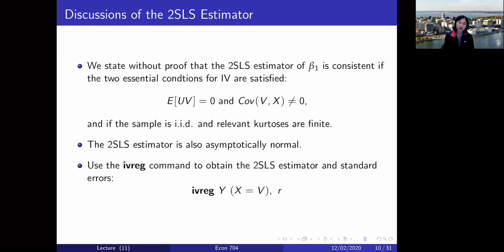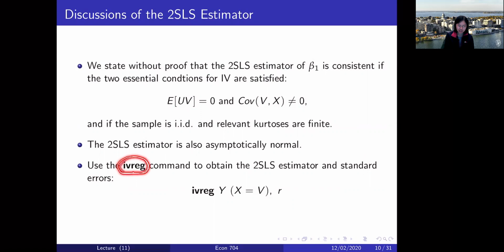If you are doing 2-stage least squares, you should not literally manually run the 2 OLS regressions as described on the previous page. Instead, you should use this ivregress command.